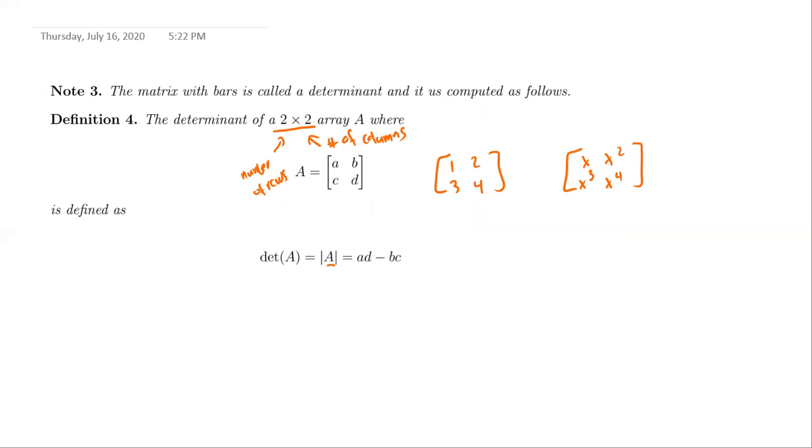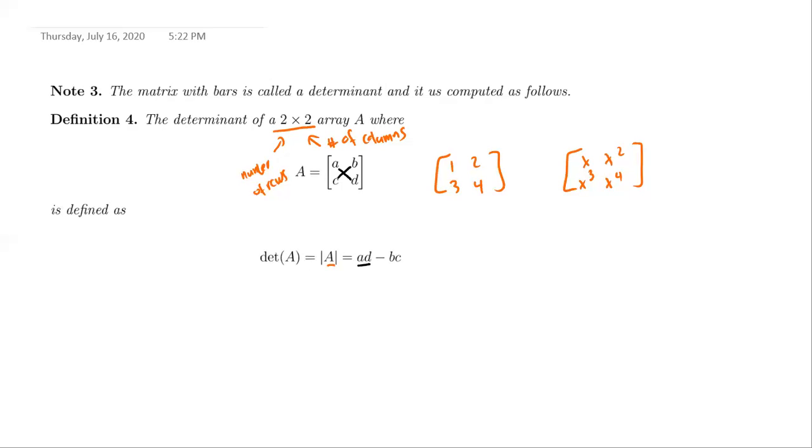Well, you use this formula. You multiply the diagonals, so multiply a times d, and subtract the product of the other diagonal, so subtract b times c. And that's it. That's all we're going to need to know about matrices.